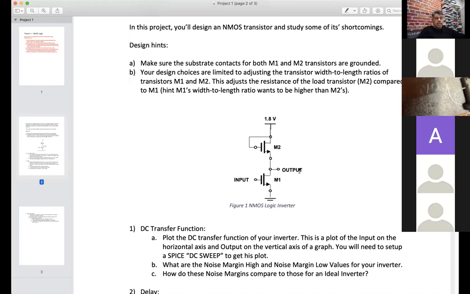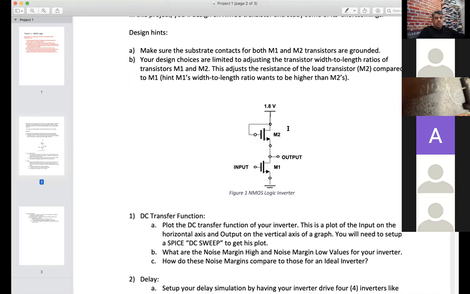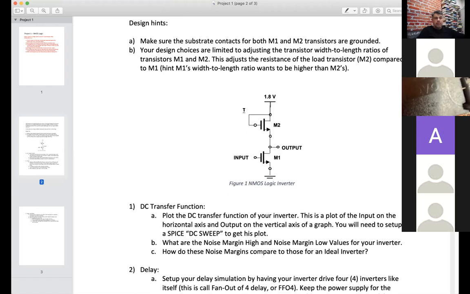The second thing is that the design variable you have when building your inverter is the relative width-to-length ratio of the M1 transistor and the width-to-length ratio of the M2 transistor.